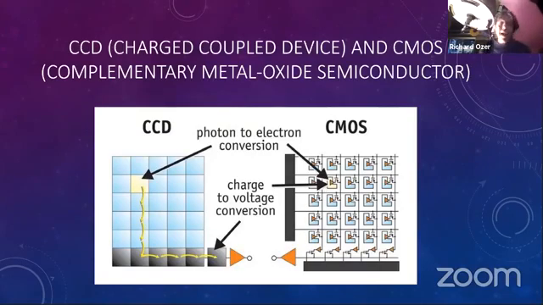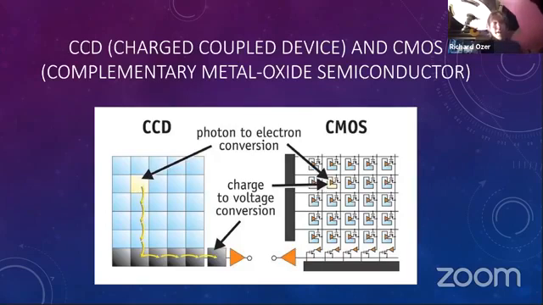And what happens is a charge builds up in each of those little squares. That charge represents the amount of light that has been captured by that pixel. So some pixels will have a big charge and some pixels will have a little charge. The ones with the bigger charge are going to be brighter.